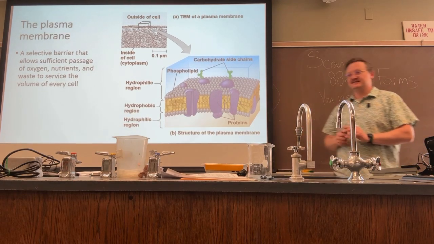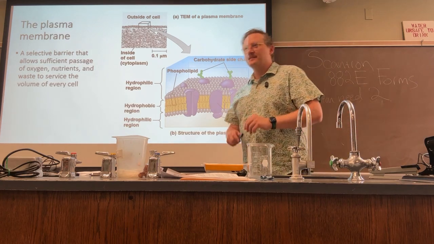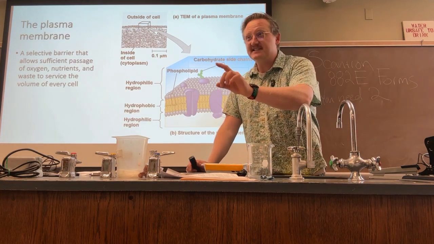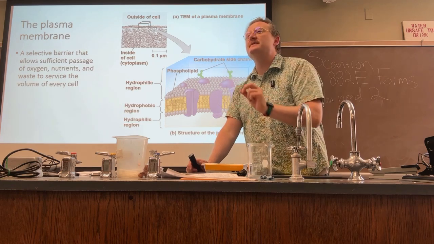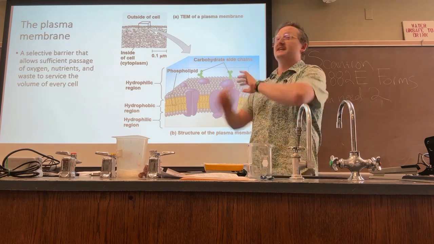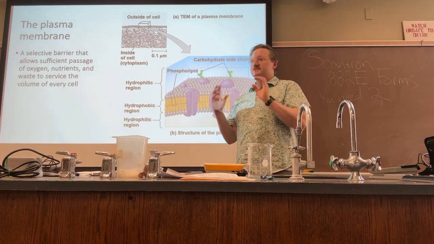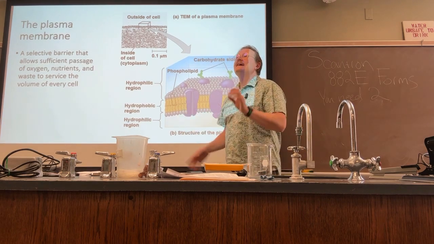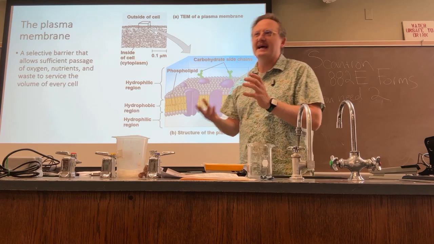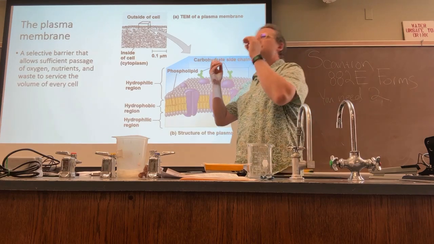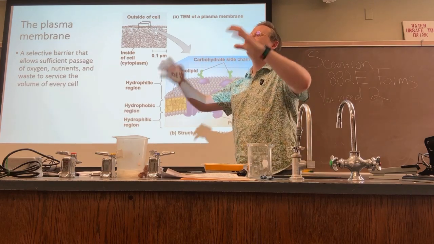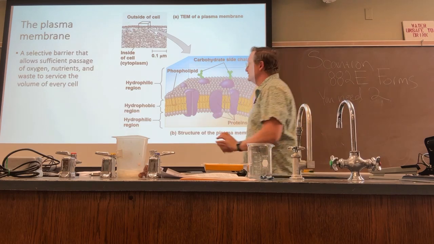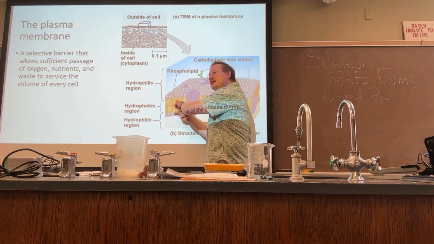Yes, please. So are the proteins what lets certain things through while the phospholipid keeps them out? Yes, and the phospholipid bilayer itself does not keep everything out. Certain things can move across the phospholipid bilayer, and it is permeable to different things at different rates. But it all comes down to the hydrophobic region here.